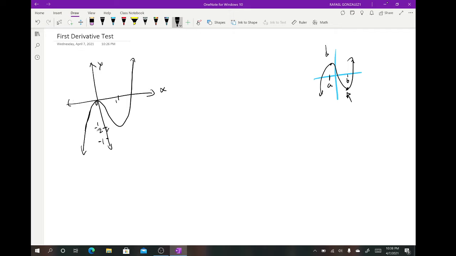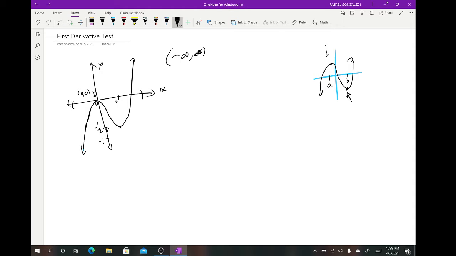So if you're looking at this function as a whole, from -infinity to infinity, we know that this function eventually goes up forever, so there's no absolute maximum, and there's no absolute minimum because it keeps on going down. However, there is a relative maximum at the point 0, 0, because it's the highest point on some interval, and we have a relative minimum right here because that is the lowest point on some interval.